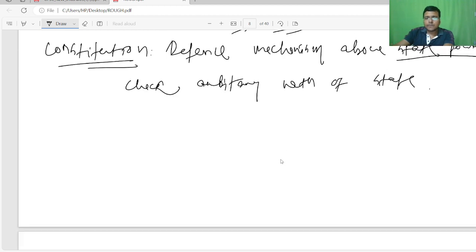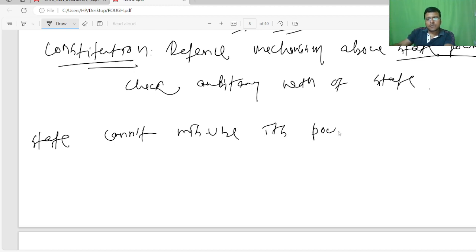That means the state cannot misuse its power and authority. The rulers, the government, stay within its jurisdiction.